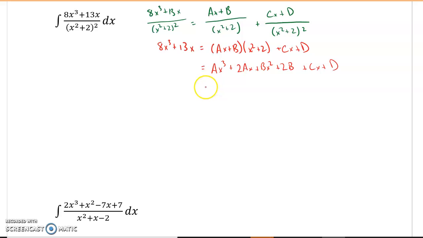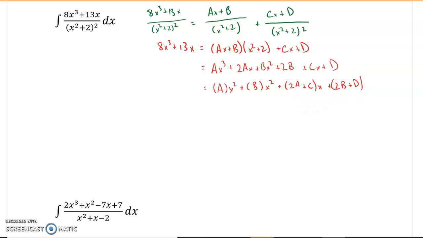And then when we group these together, we've got a x cubed, and that's actually the only x cubed we have. We've got b x squared, and that's actually the only x squared we have. We've got a 2a and a c times x, and we've got a 2b and a d times no x's, right? 0 x's.